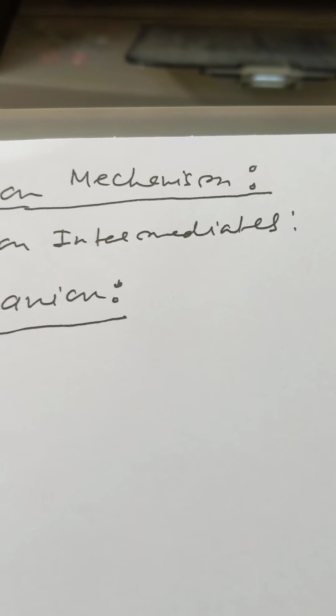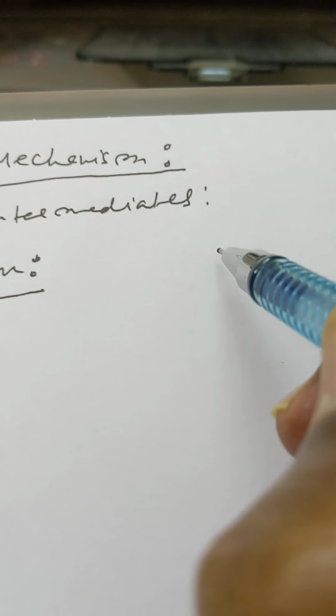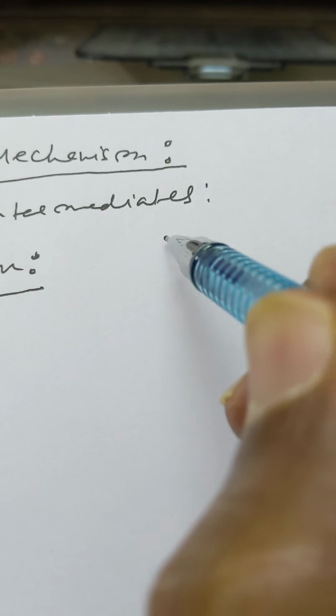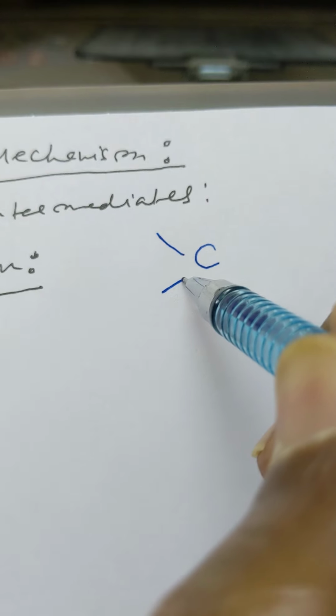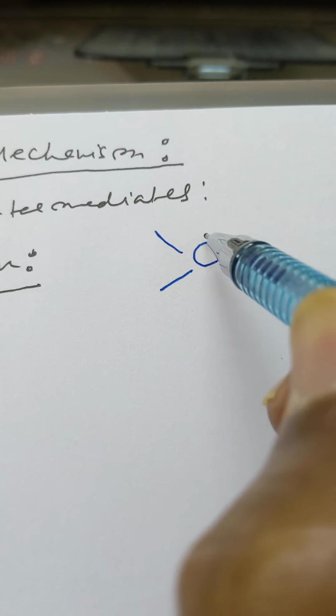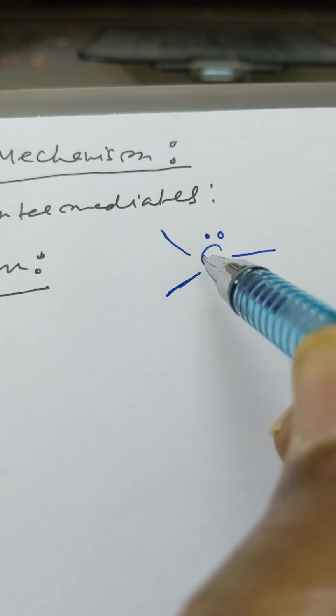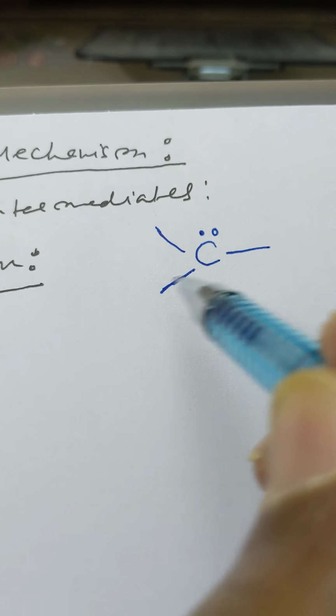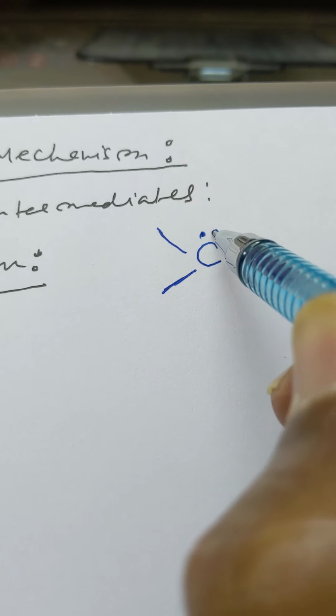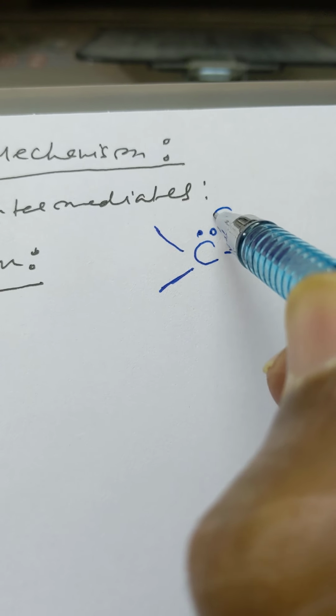Okay, so what is carbanion is, see, carbanion is such a species in which carbon is bonded to three other atoms, and has unshared electron pair. This type of species, that is, carbon is having bonding with three other atoms or groups and has unshared pair of electron, and hence it will be electron rich species.